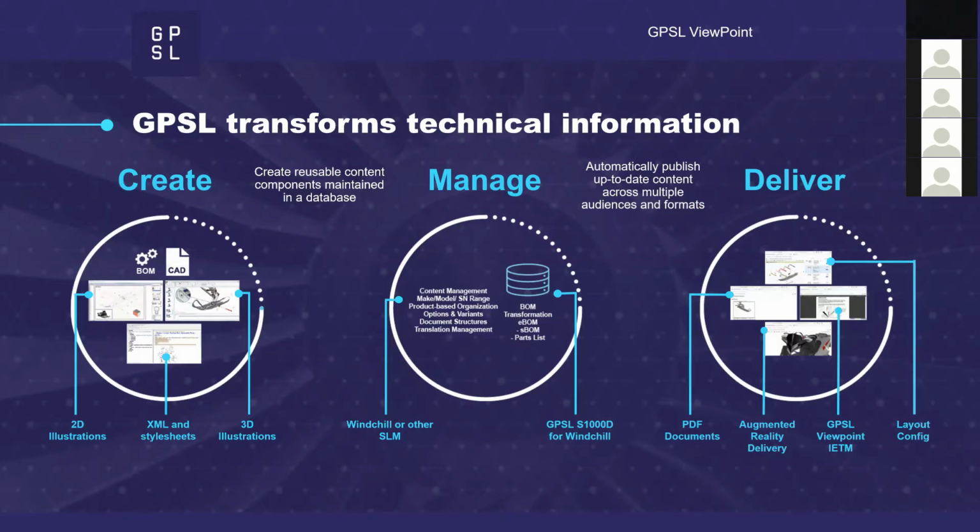On the deliver side, there's a lot going on, because you can get your content to your clients and your audience in multiple ways, and there are a lot of options there. Today we're going to be talking in particular about S1000D, which you can see on this portion of the slide. GPSL produced a module on top of PTC Windchill called S1000D, and S1000D is an XML specification.